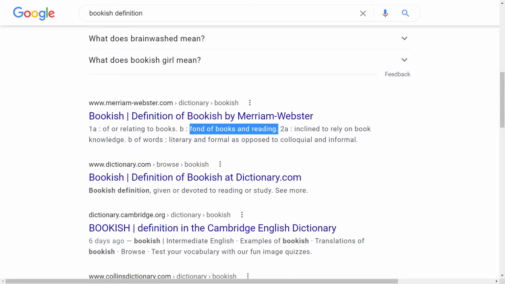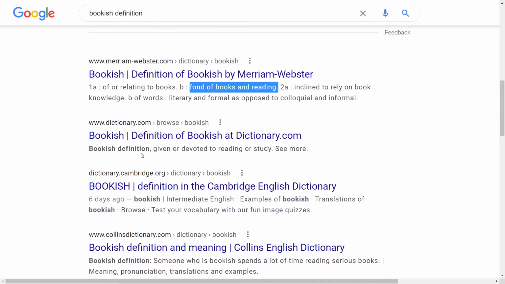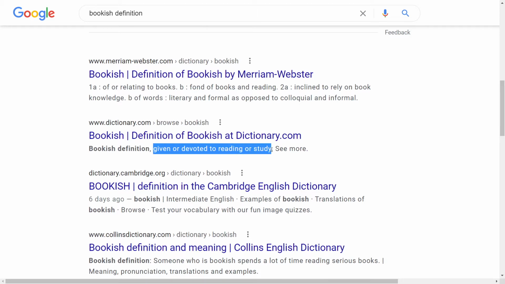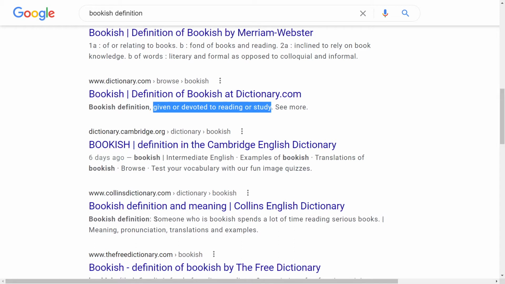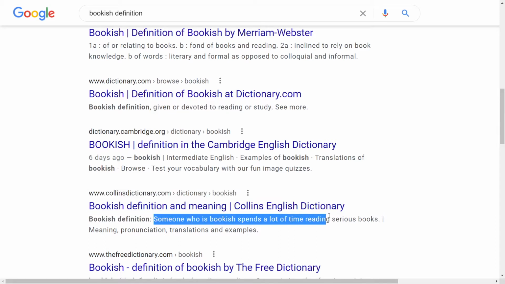So if you like books, then I guess you're bookish, according to this definition. There are other varieties as well: given or devoted to reading or study. And finally, the last one I wanted to highlight: someone who's bookish spends a lot of time reading serious books.